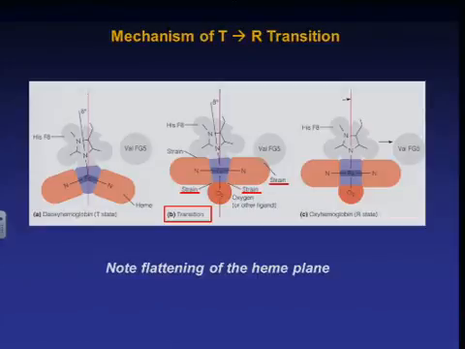Now, when it does that, you then get strain introduced, most notably here, where there's a valine that is on this FG corner. So when oxygen binds, then when this flattens out, this strain has to be relieved. We're starting to get steric effects here. And so what happens is, after it binds, to relieve this strain, this valine FG moves.